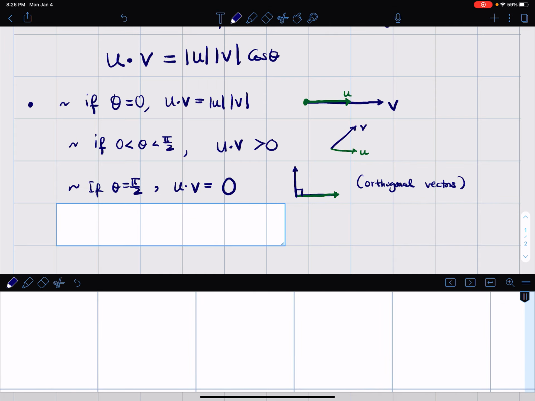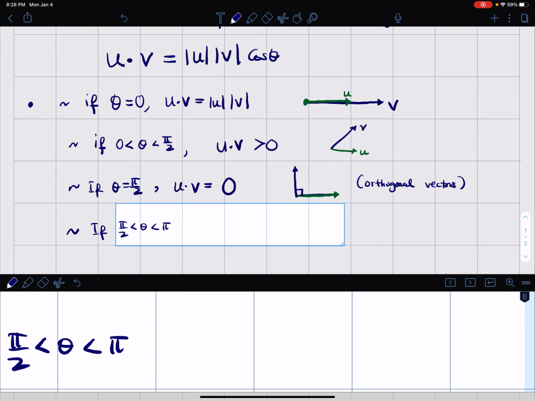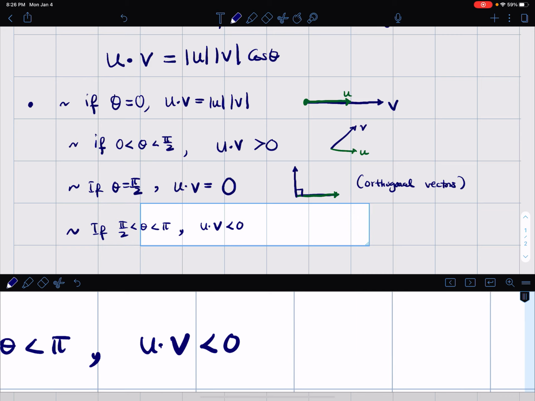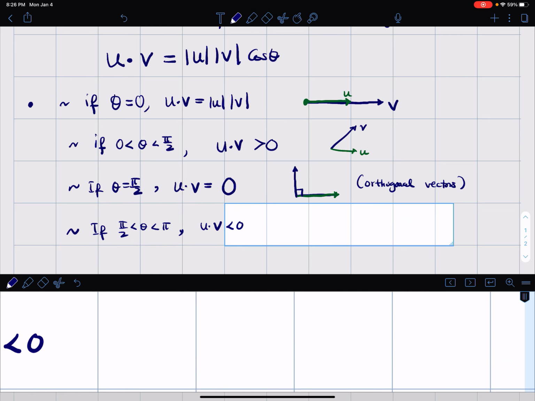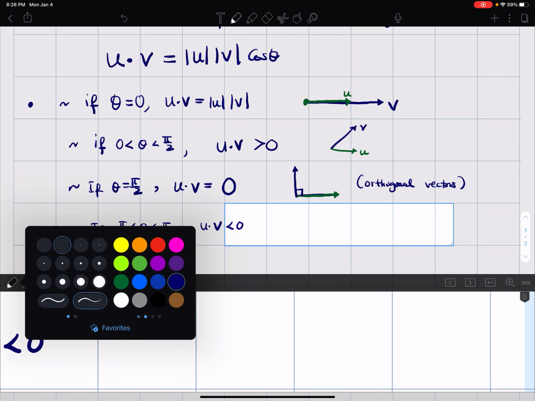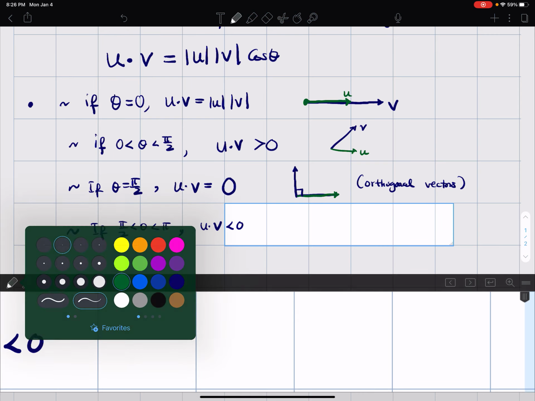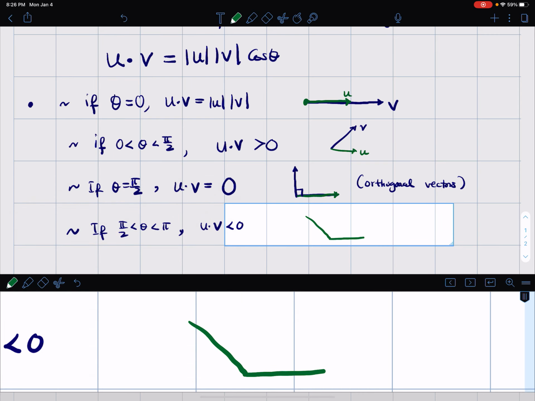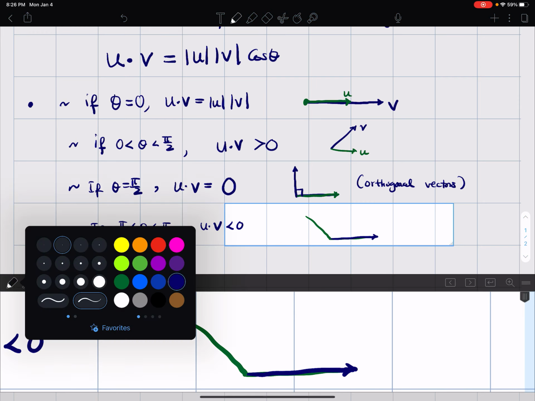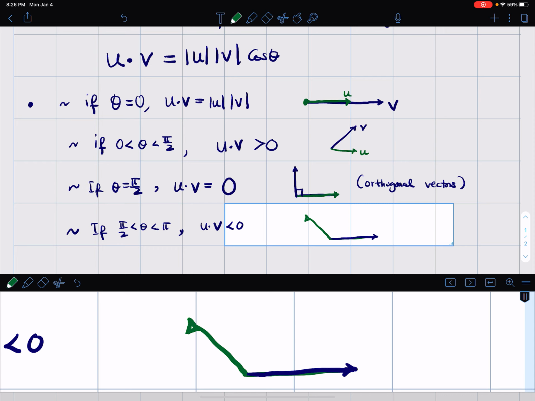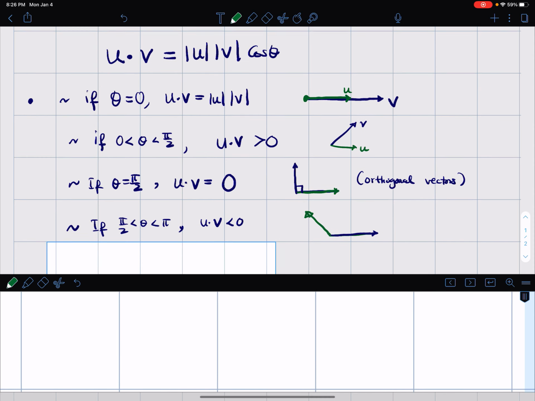Okay. Now, if theta is between pi over 2 and pi, I want you to check that the u dot v is going to be less than 0. So if you have two vectors like this, the dot product is always going to be less than 0.